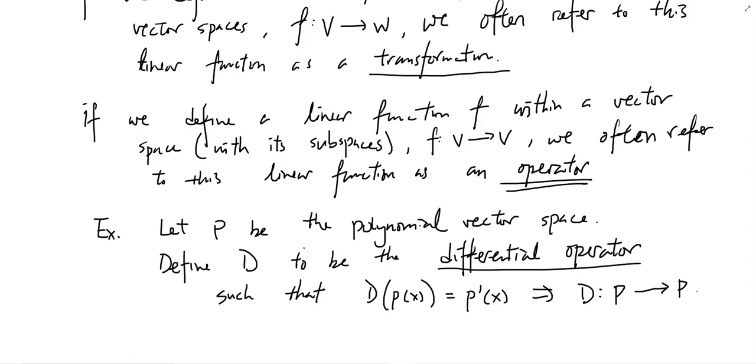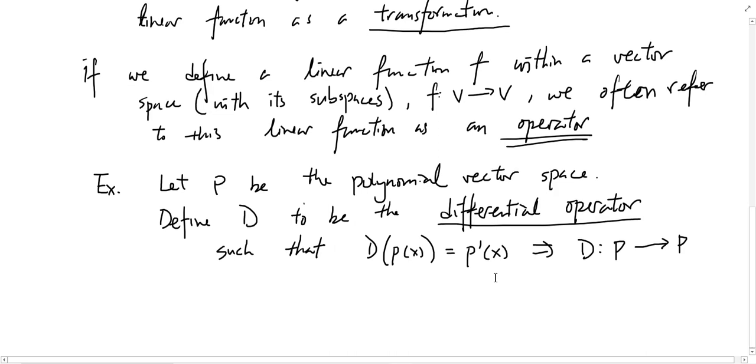It does change the dimension a little bit, but it still simply gives you a polynomial. So that's the terminology we'll be using. As a matter of fact, the differential operator is extremely important. You should definitely know what it is.